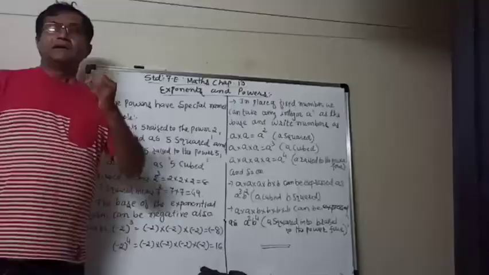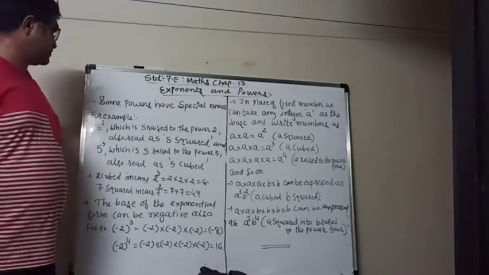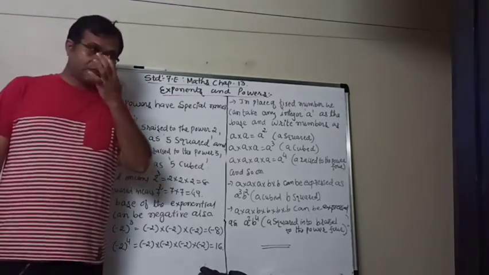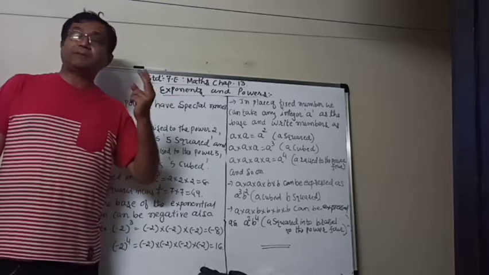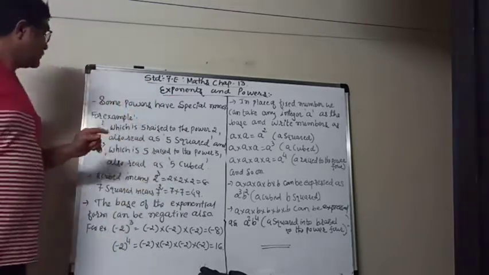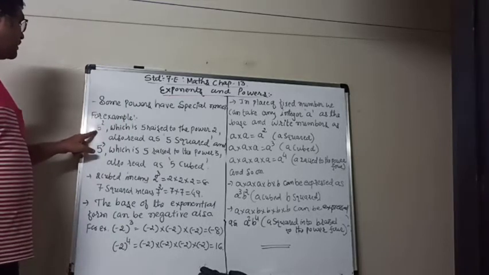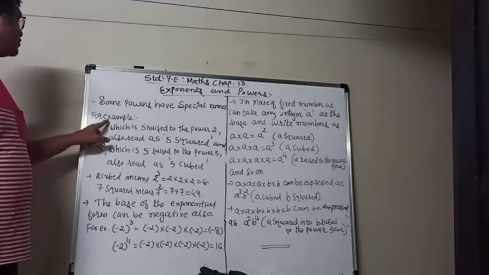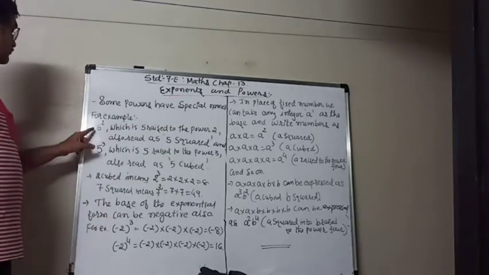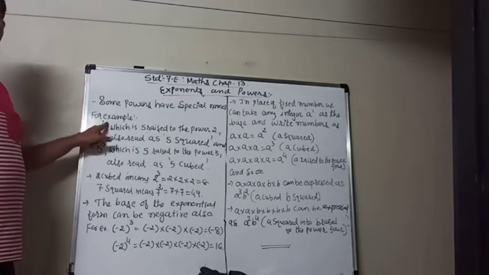Now some powers have special names also, like the power 2 and power 3. For example, here 5 raised to the power 2. We write down 5 and on the top 2.